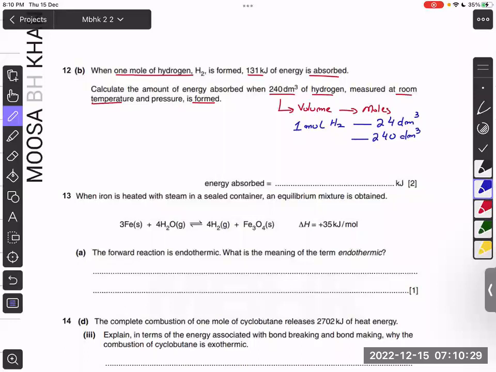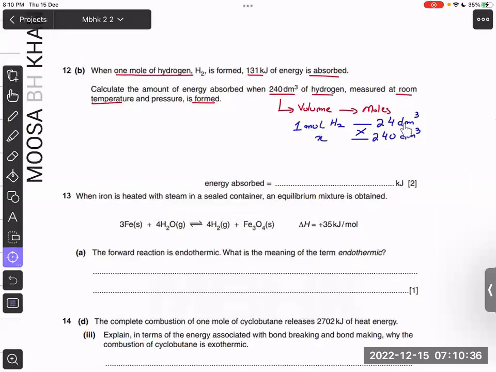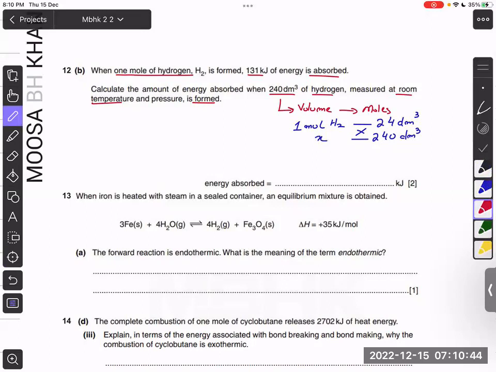So how many moles would be there in 240 decimeter cube of hydrogen gas? Just cross multiply it. Look, 1 mole is 24 decimeter cube, so for 240 decimeter cube, put volume under volume, and put x under the moles we need to find. Cross multiply: x into 24, 1 into 240, so this would give you 240 divided by 24, which means 10 mole.